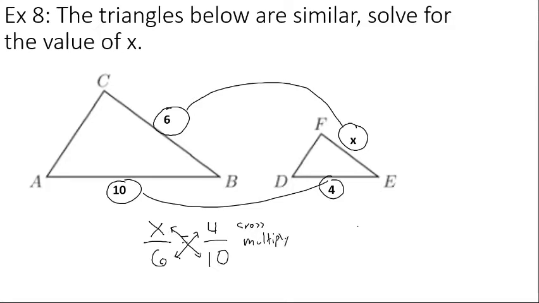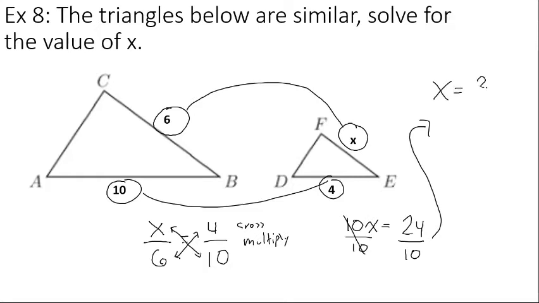So I get x times 10 is 10x. And then 6 times 4 is 24. Divide by 10. So I'm going to get here x equals 24 over 10. We could reduce that some more. So we could reduce this to 12 over 5.